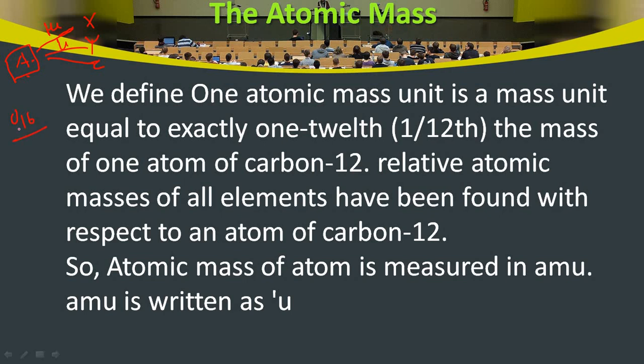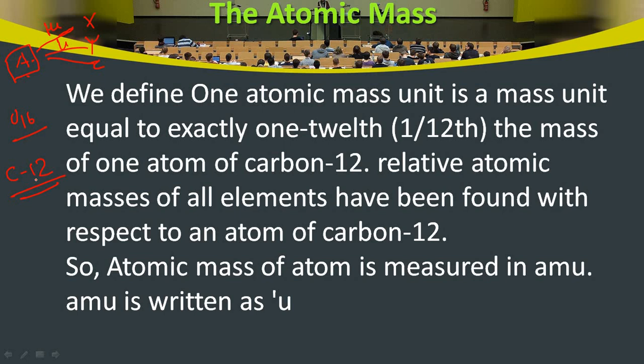But oxygen reacts with a large number of elements, that's why oxygen was not taken as the standard. But in 1961 carbon 12, C12, is considered as the standard atom.